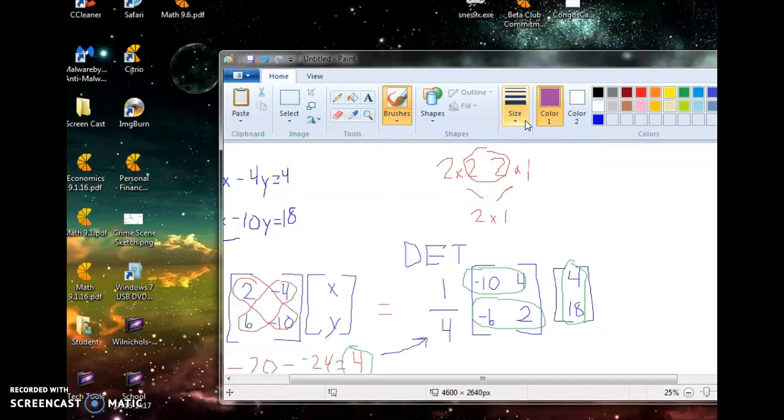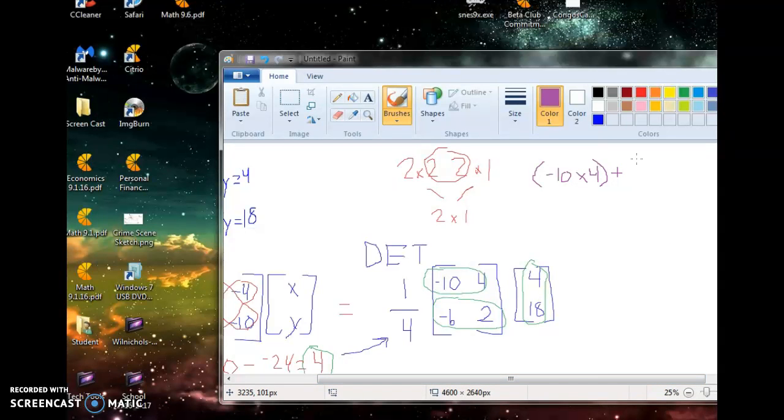For the first one, we have negative 10 times 4 plus, parentheses, 4 times the 18.